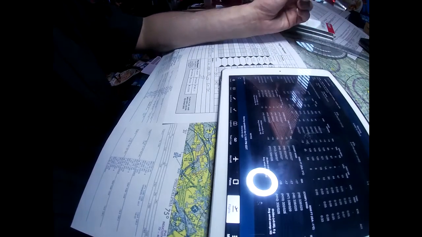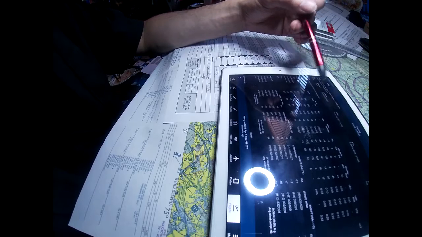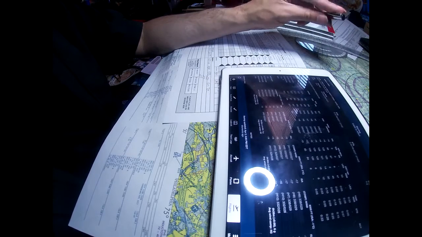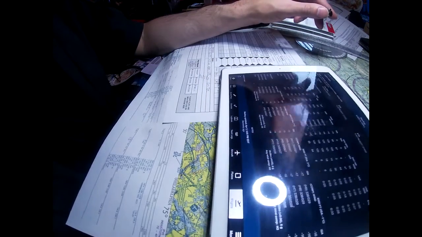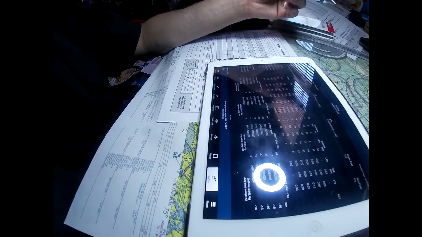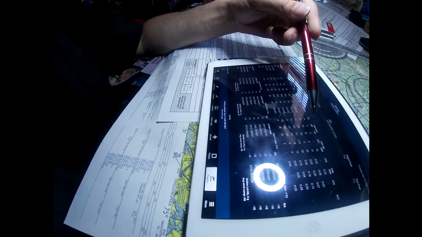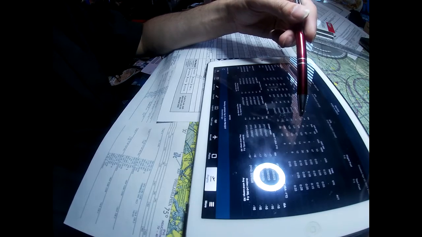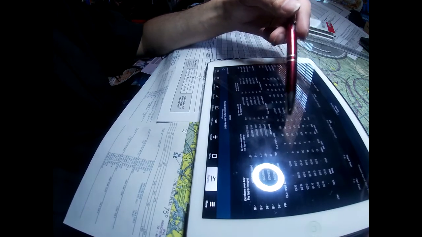From altitude of 3,000, ground speed is 187. Cruise speed of 129 will give us 121, 120.